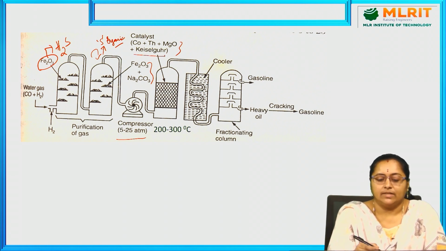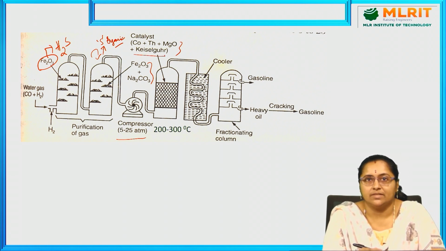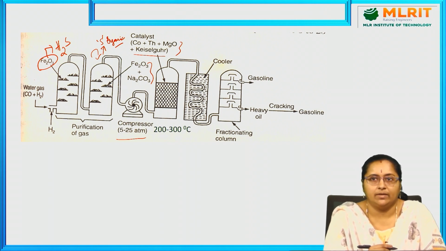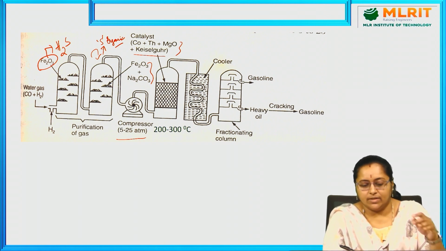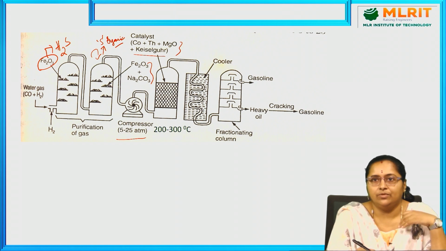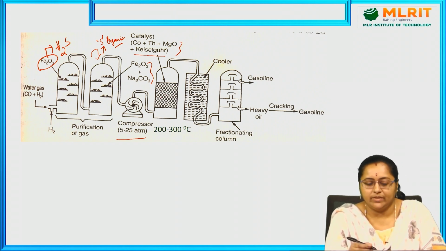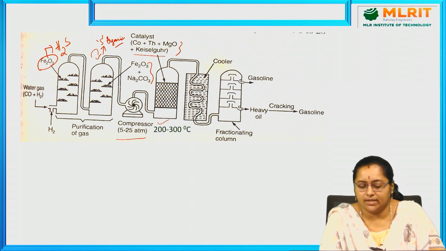It is diatomite or diatomaceous earth, produced on sedimentary rocks due to unicellular aquatic plants. That is collected and mixed with magnesium oxide, thoria and cobalt in proper proportions to play the role of catalyst. It is already placed in the form of a membrane, or a kind of frame, in this converter, which is maintained at a temperature range of 200 to 300 degrees centigrade.